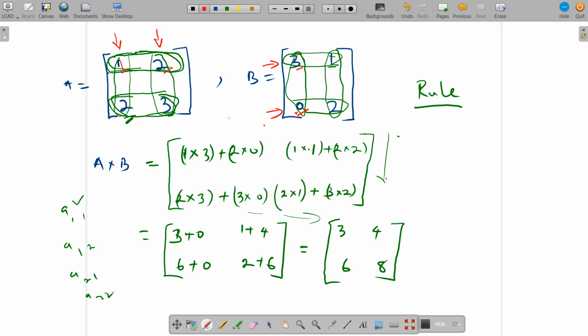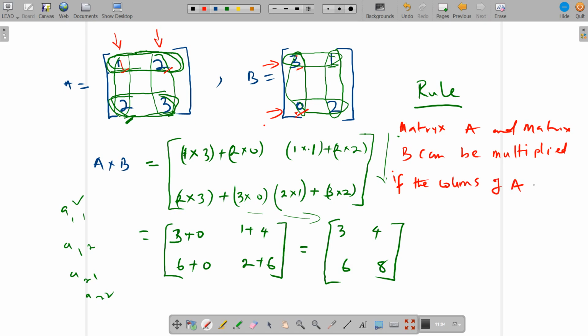So the rule says that matrix A and matrix B can be multiplied if the columns of A is equal to the rows of B. So that is the law.